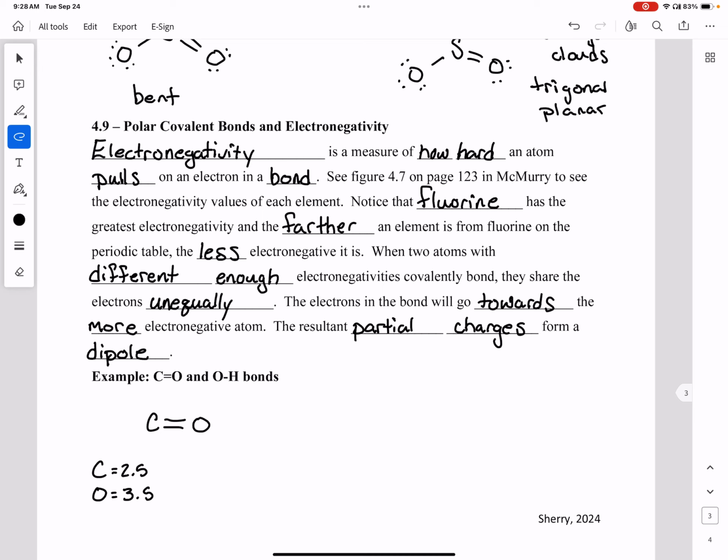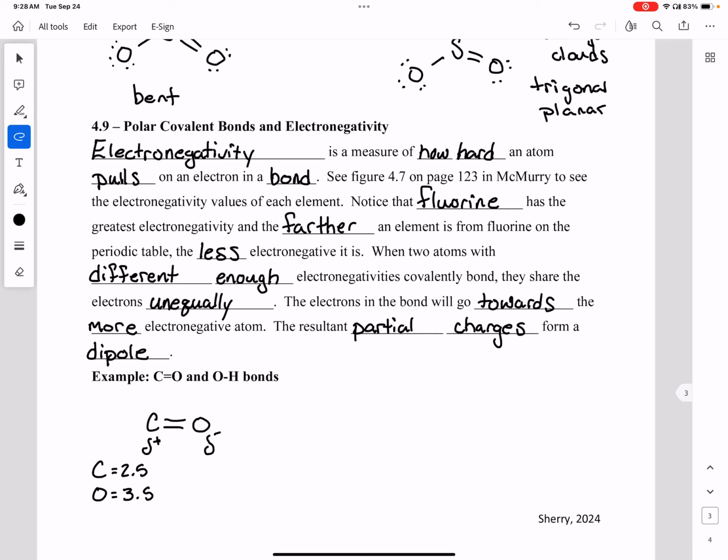And so I am going to say slightly positive and slightly negative on each side of this molecule. The slightly positive side is the least electronegative side.